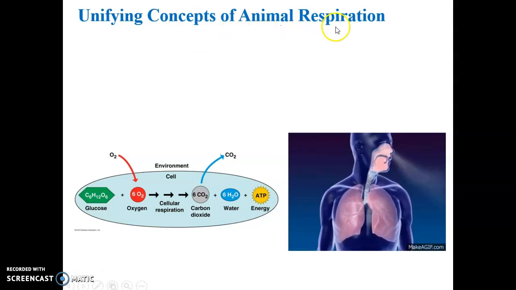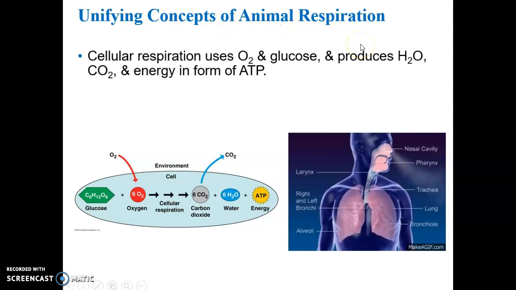So let's look at animal respiration. Cellular respiration uses oxygen, if you remember this from a previous chapter, and glucose to produce ATP, that direct source of energy to the cells, with the waste products of carbon dioxide and water.